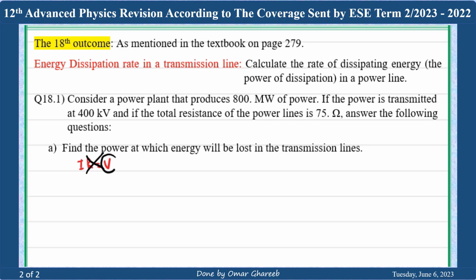Because the voltage in the question is not the voltage drop in the two terminals of the line. It is the transmission voltage. It is not the voltage for the line that transmits the energy. So don't use Ohm's law in this situation.